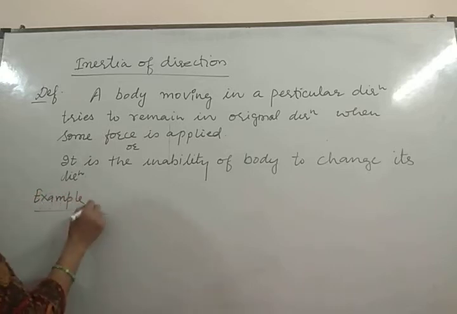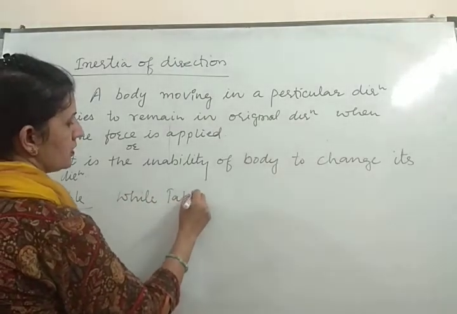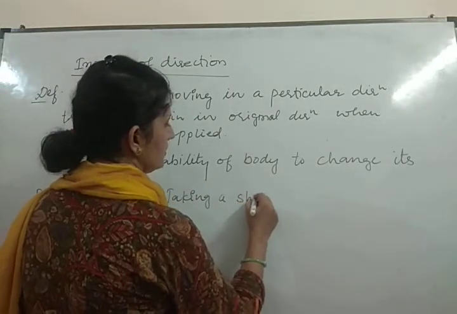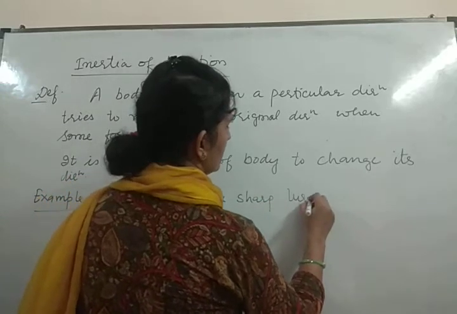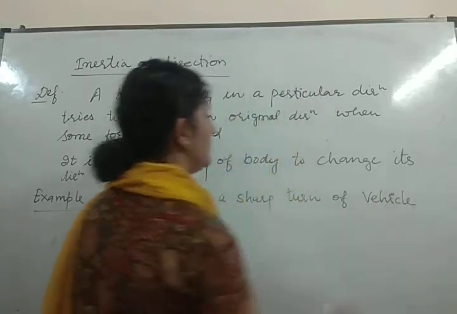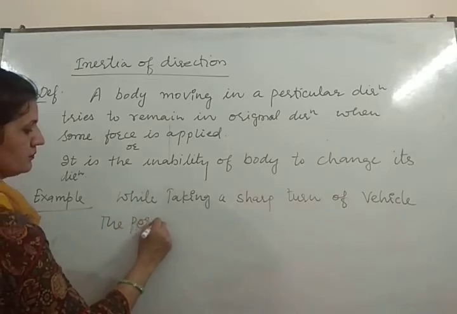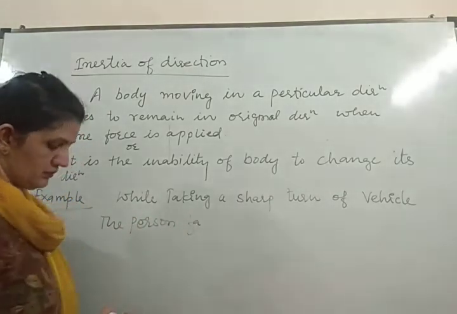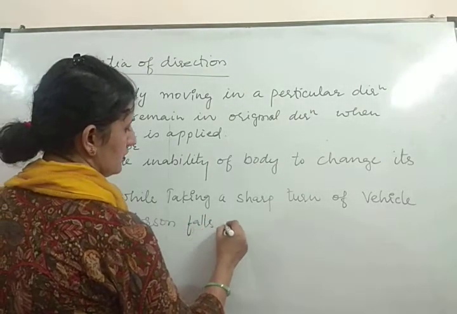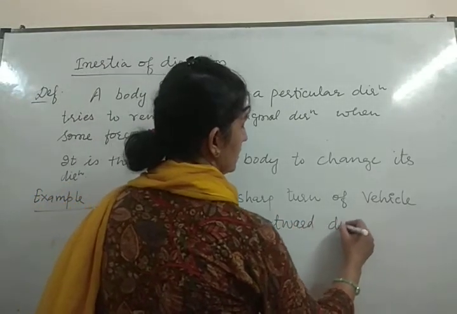Now, what are the examples of inertia of direction? Write down the first example, according to which, while taking a sharp turn of a vehicle, the person falls in the outward direction.